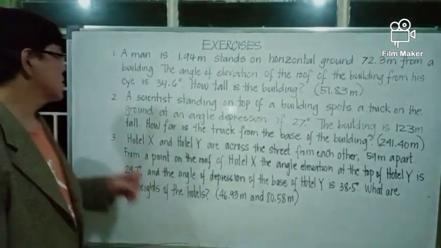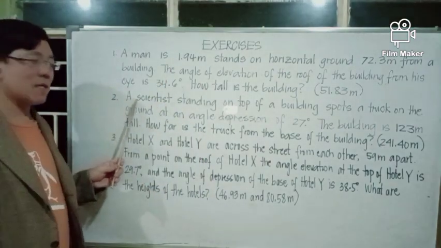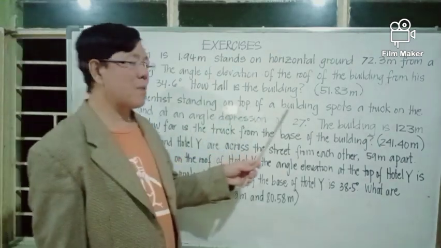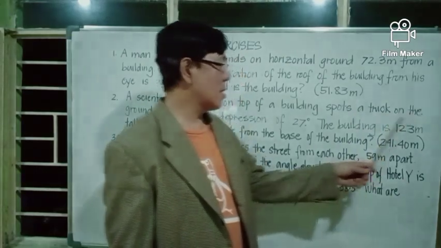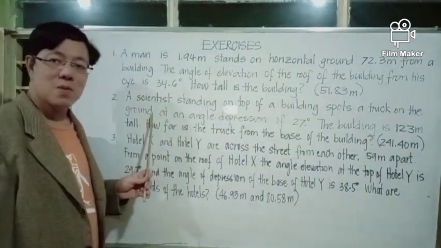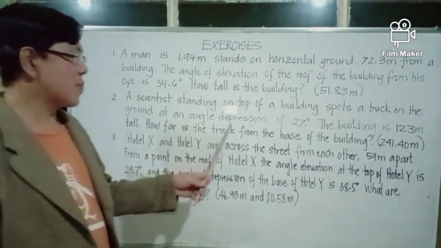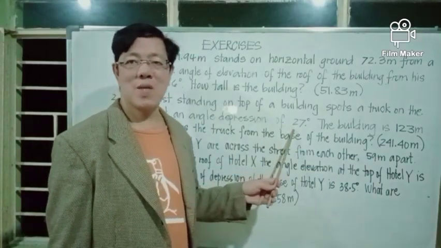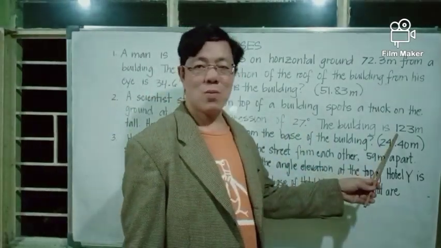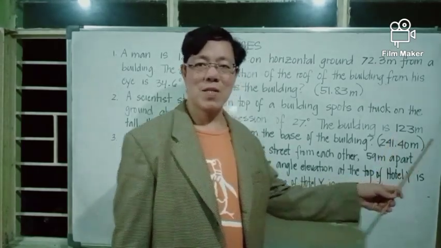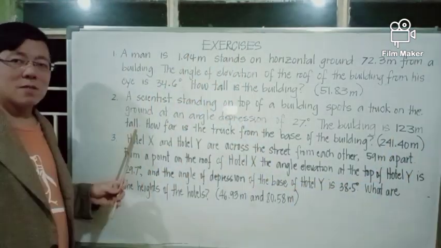Number 2, a scientist standing on top of a building spots a track on the ground at an angle of depression of 27 degrees. The building is 123 meters tall.